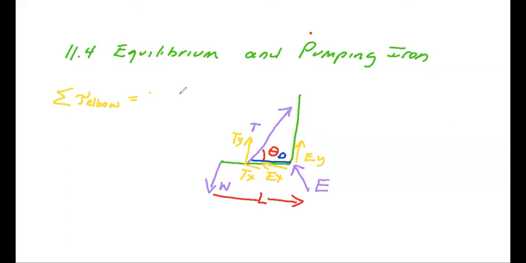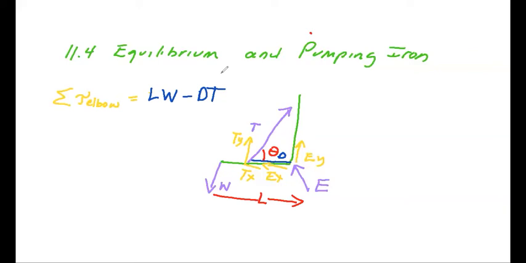We've got L W, so the weight times L, minus D times T. LW is producing a counterclockwise torque, and T is producing a clockwise torque.